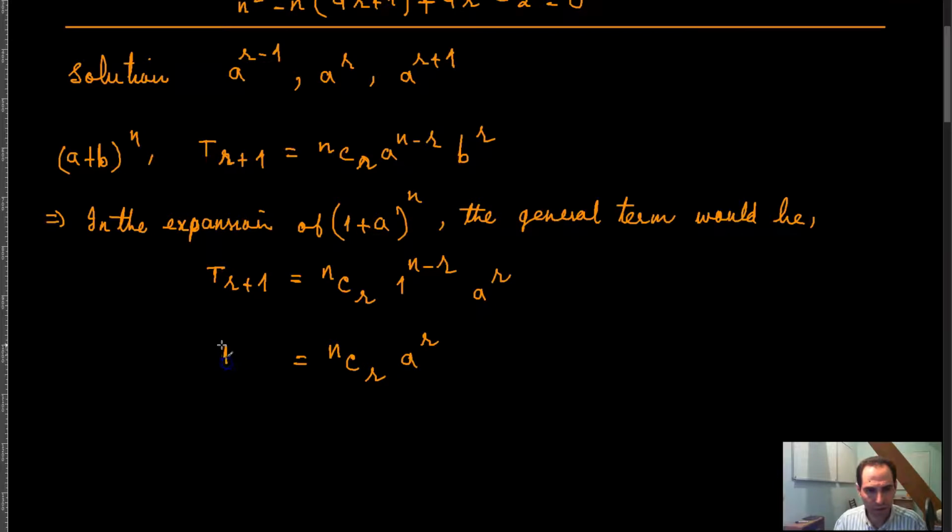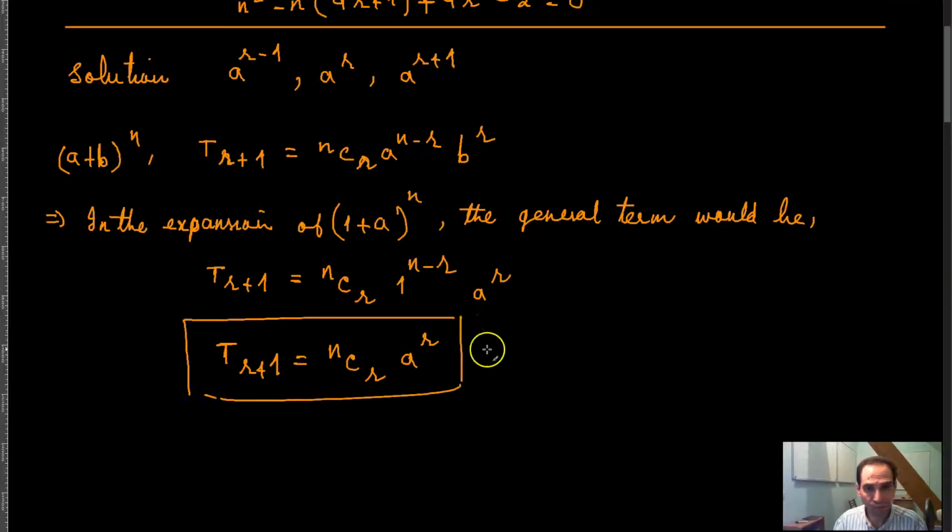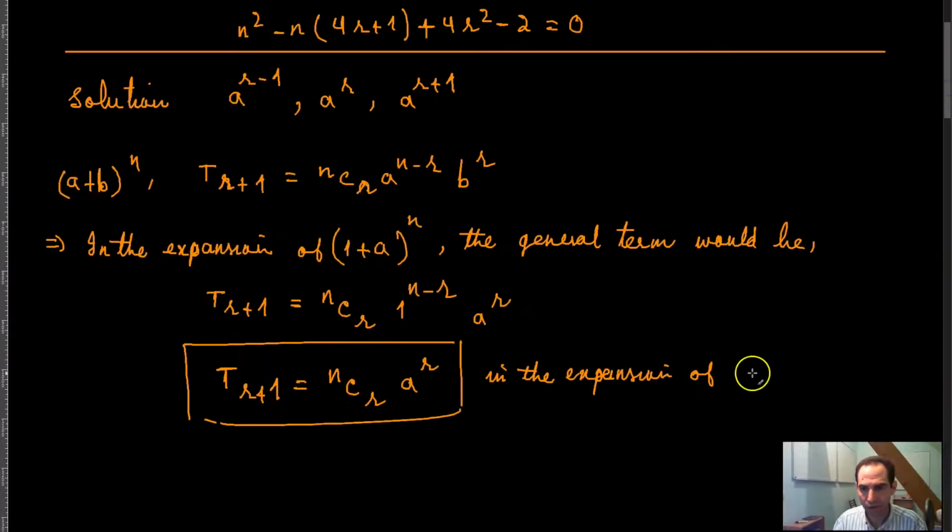This is just 1 times a raised to the power r. So that is T of r plus 1 in the expansion of (1 + a) raised to the power n.